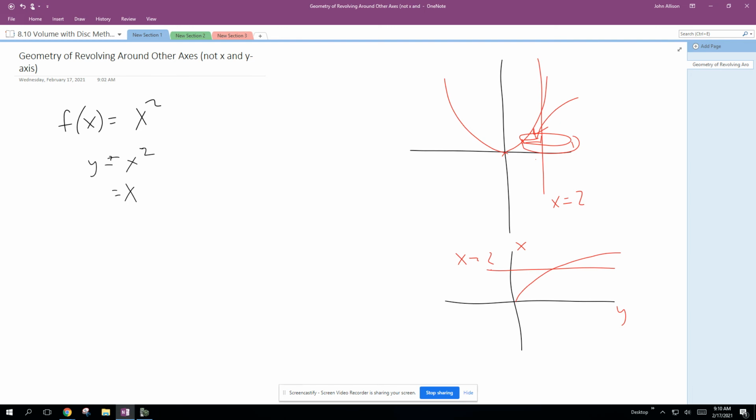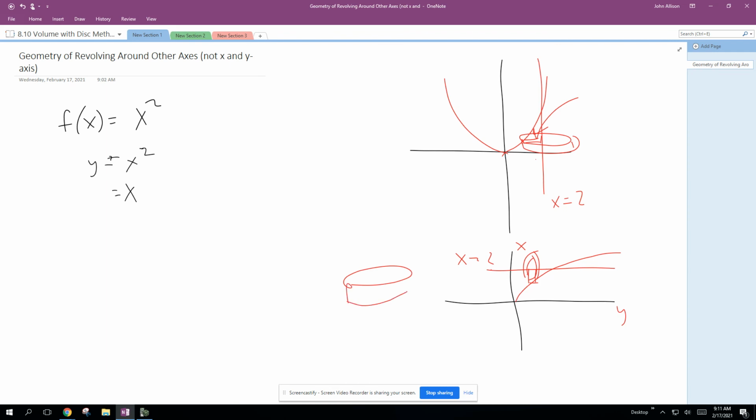And so now this would be the region that we'd be looking for. And that region would be rotating about the line x equals 2.